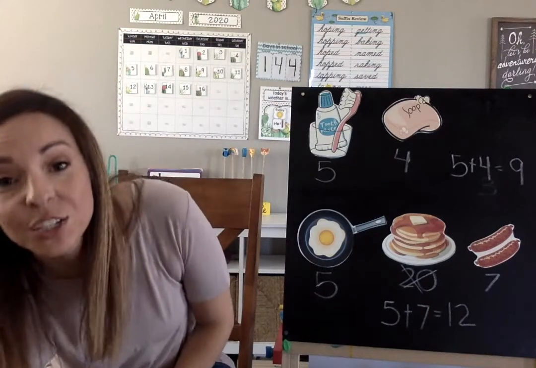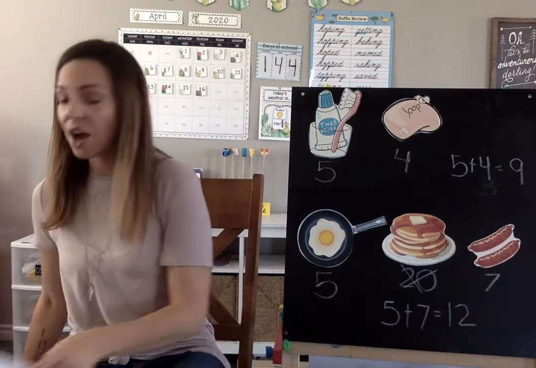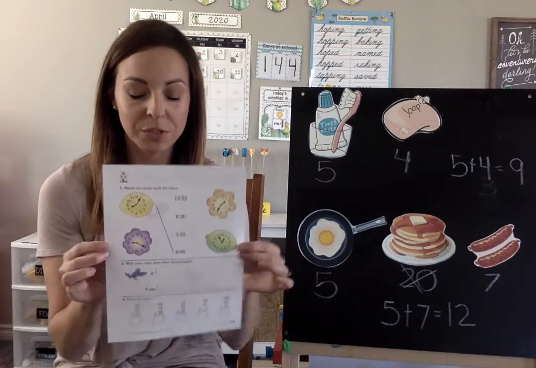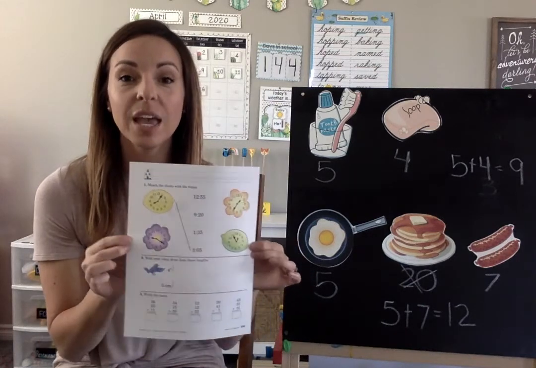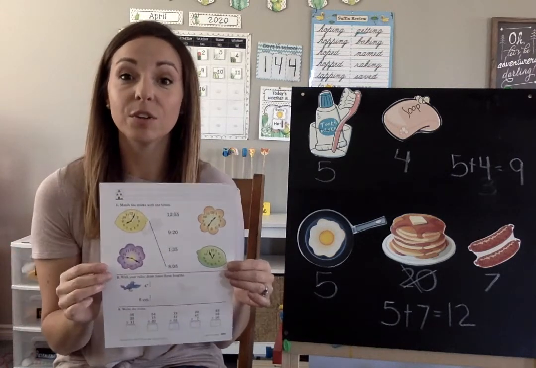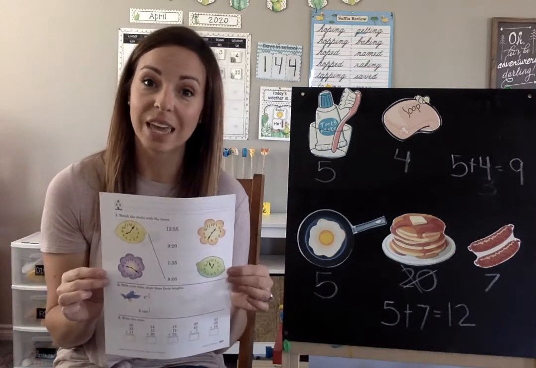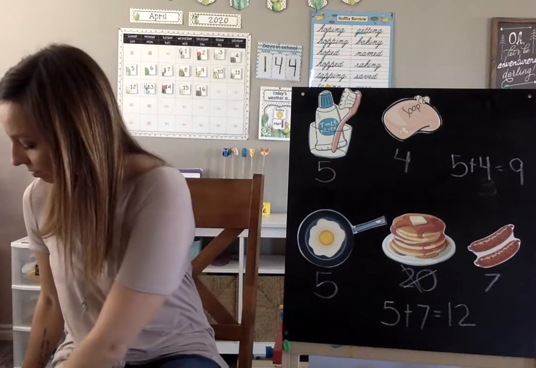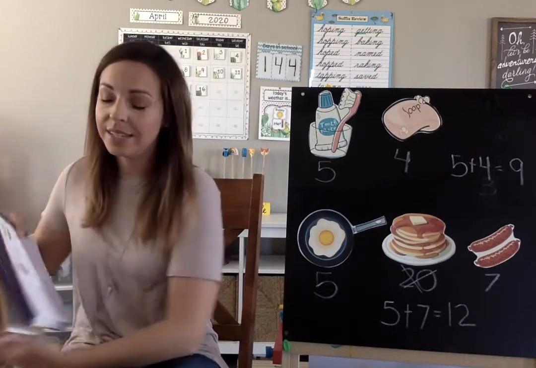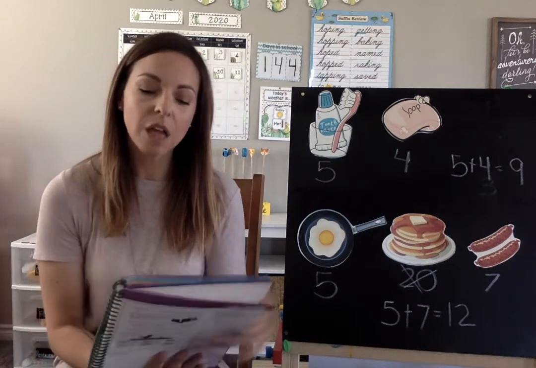All right, I want you to take out your math worksheet that we're going to be doing for today. It's page 293 and 294. I'm going to go over it with you, and then there's a part on the back that we need to do together. All right, number 1 says, match the clocks with the times.